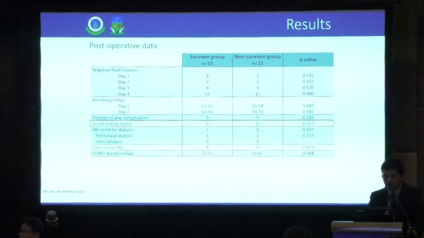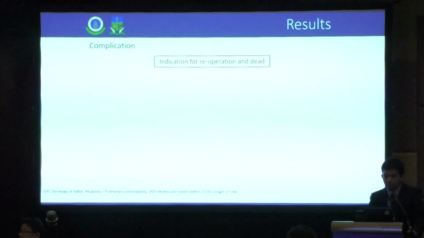In the post-operative data, there was almost no statistical significance between the two groups, but AKI and liver injury tended to be increased in the non-survival group.